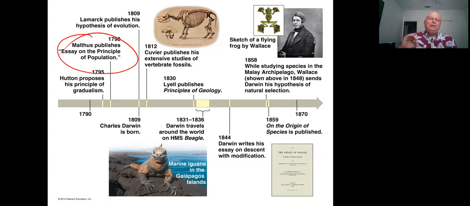He came ever so close to almost recognizing that his principles don't apply just to humans, but apply to all organisms, that there are always going to be checks on the growth of populations of all organisms for pretty much the same reasons as he gave for limits on growth of human populations.